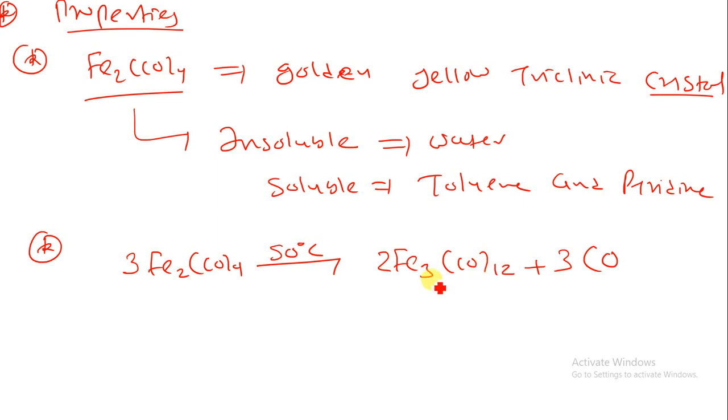This reaction is known as the decomposition of Fe2(CO)9, in which Fe2(CO)9 is converted into Fe3(CO)12.